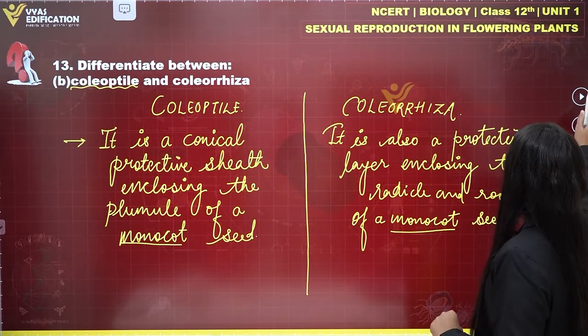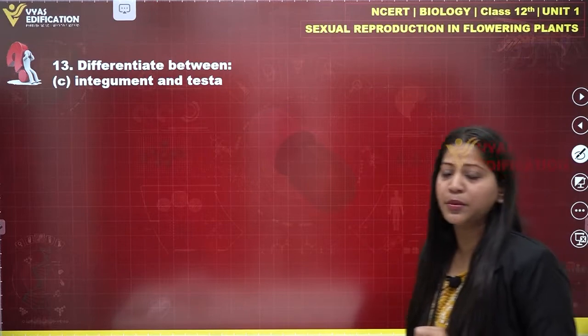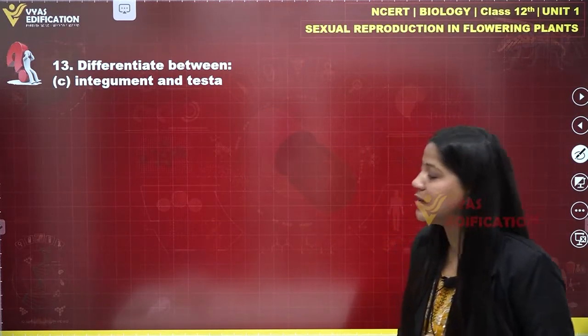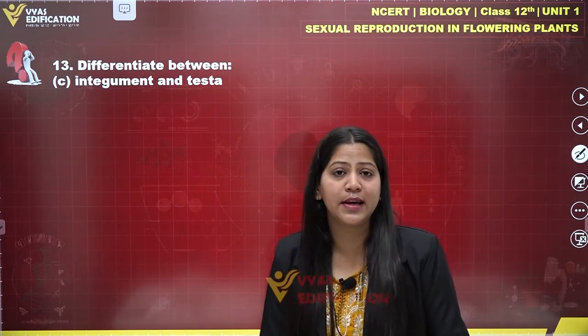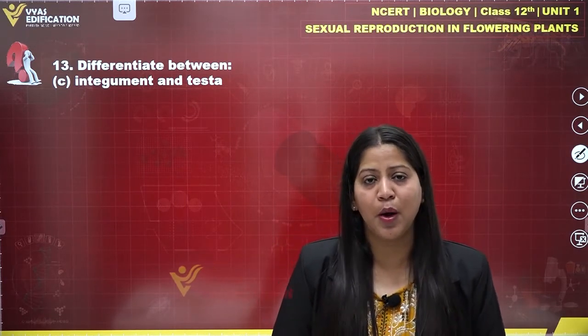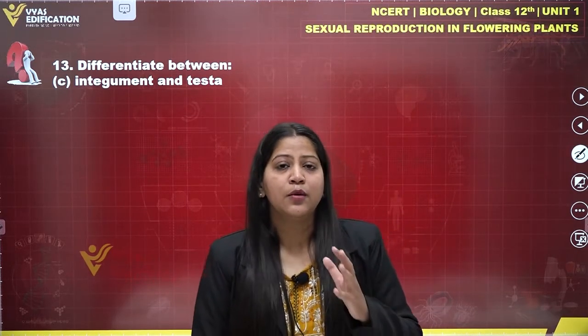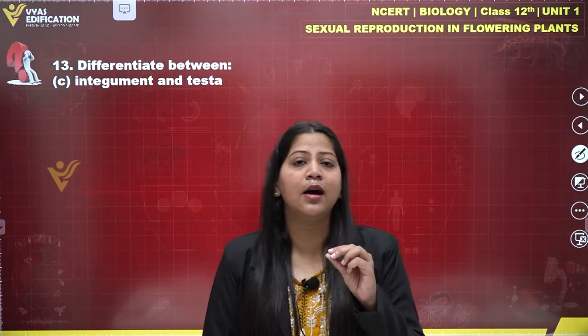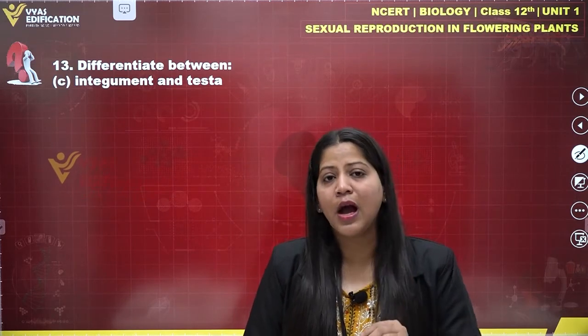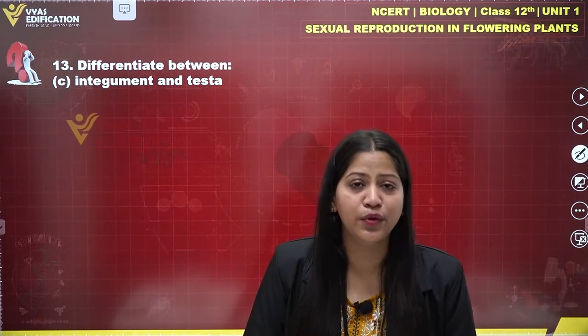Now moving on to the third part of question number 13, that is differentiate between integuments and testa. You must have heard about integuments. Alright, what is integument? We find integuments as the outermost covering of an ovule. What is ovule?